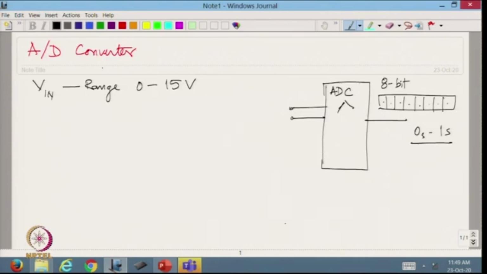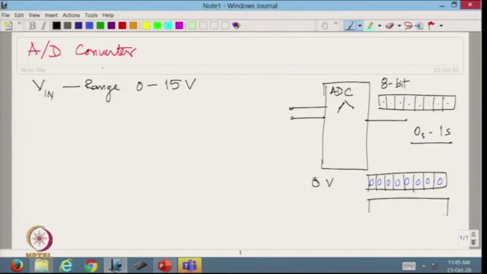And what the A to D converter does is that when the input signal is 0 volts, say for an 8-bit converter, all these digits will take the value of 0. So, it will be 0, 0, 0, 0 like that.